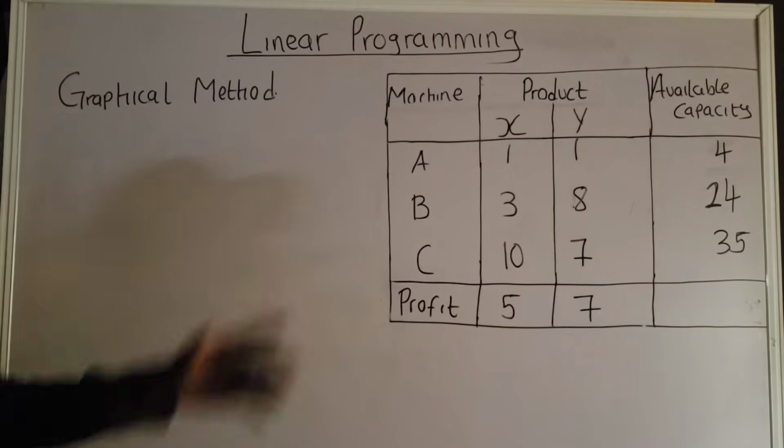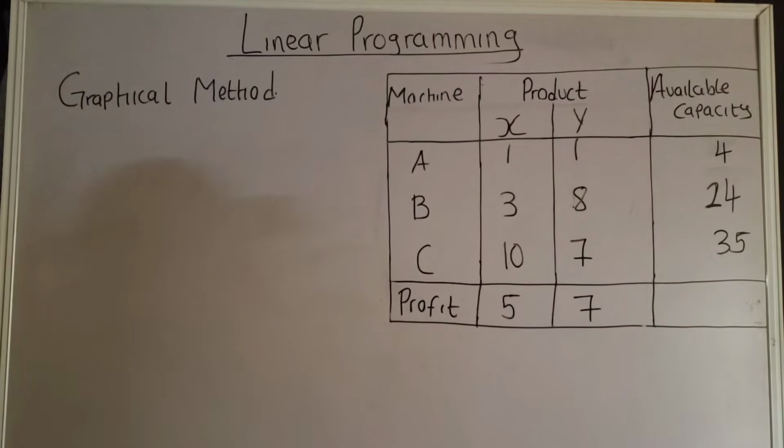Now, before we can formulate the objective function and the constraint, we have to know the units of product X and product Y that the company will produce. So I'm going to represent those units as small letter x and small letter y.